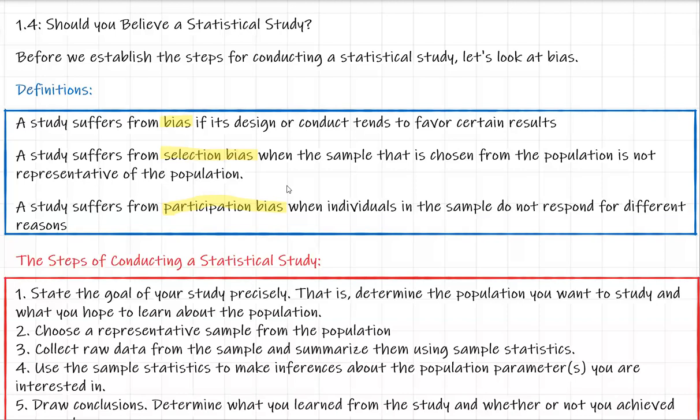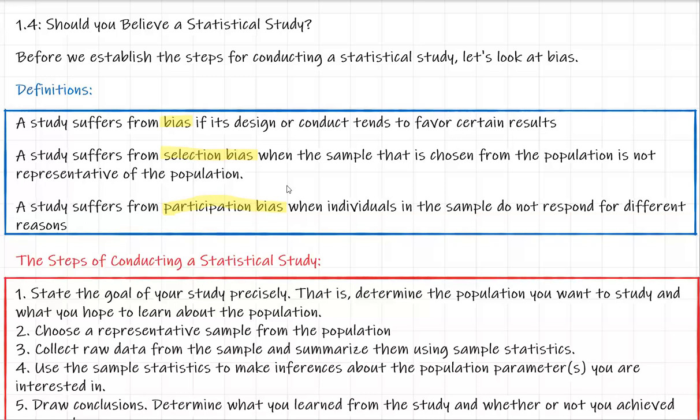We have participation bias because even if you choose the perfect sample, it's very representative, the issue is that not everybody has to respond, so the people that actually respond don't end up reflecting the sample that you started with. So that's the issue there.